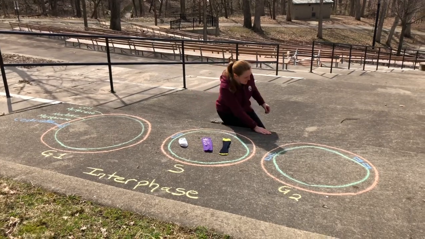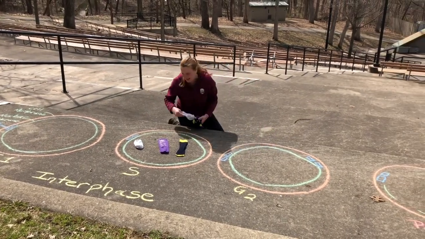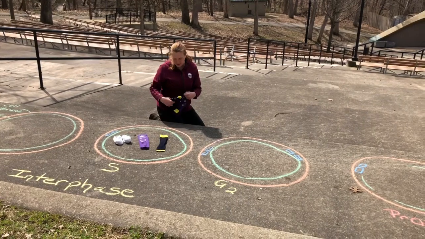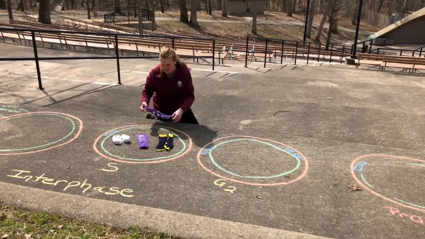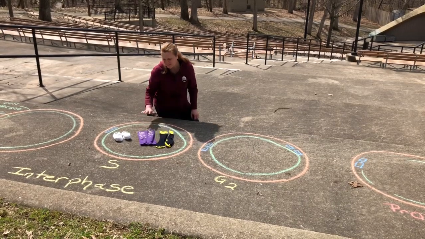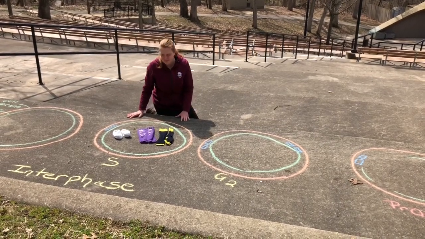The process of DNA replication, making an exact copy of each piece of DNA, can take upwards of 11 to 12 hours in a eukaryotic cell. This takes a lot of time.